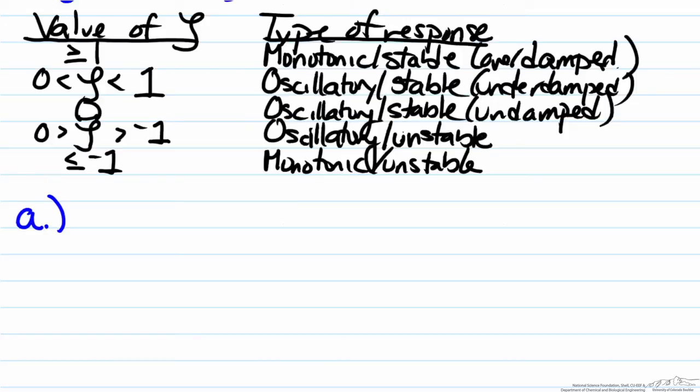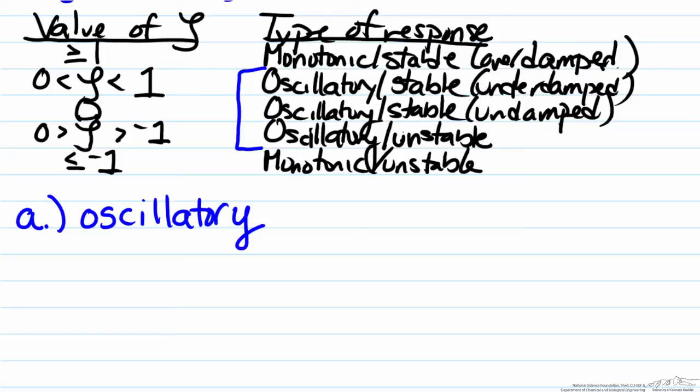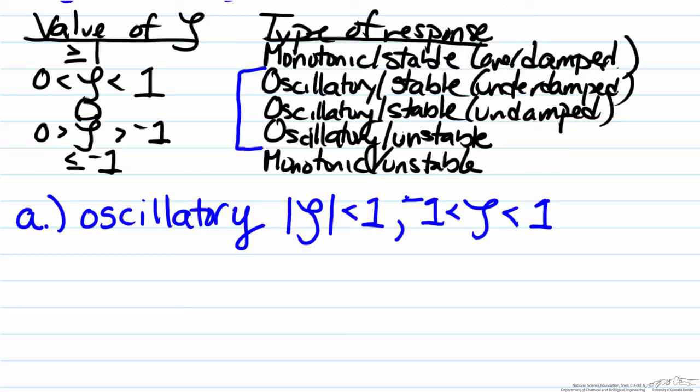Part A asks for when the response will be oscillatory, and we can see that will occur in the range shown here. In other words, when the absolute value of zeta is less than 1, or when -1 is less than zeta, which is less than 1.